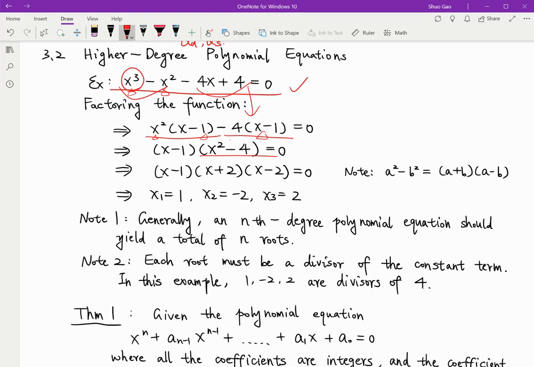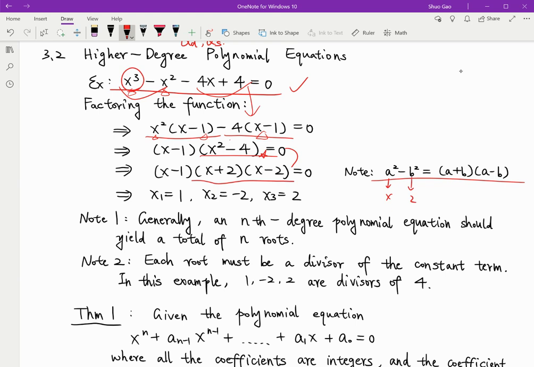And if we still want to factor the function, we can factor x squared minus 4 into the multiplication of two terms, x plus 2 and x minus 2. Here we use a general formula: a squared minus b squared equals a plus b times a minus b. So here a is x, b is 2, right?